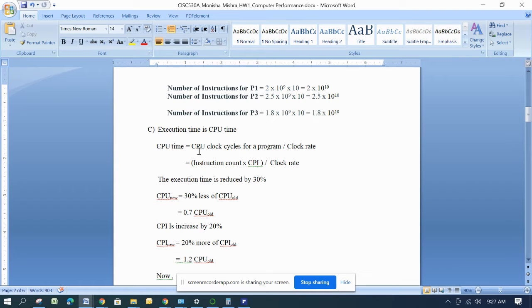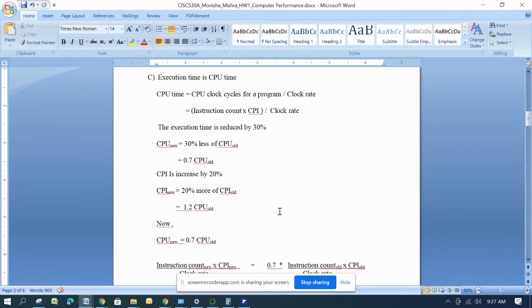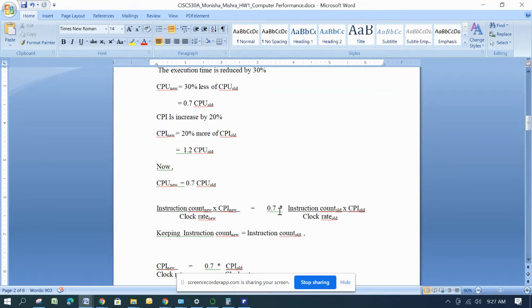If the execution time is reduced by 30%, the new CPU time is 30% less than the old, which is 0.7 of CPU time old, that is 1 minus 0.3, which is 0.7. And CPI is increased by 20%, so it is 1 plus 0.2, that means 1.2 times the older value of the CPI. Sorry, it is CPI.